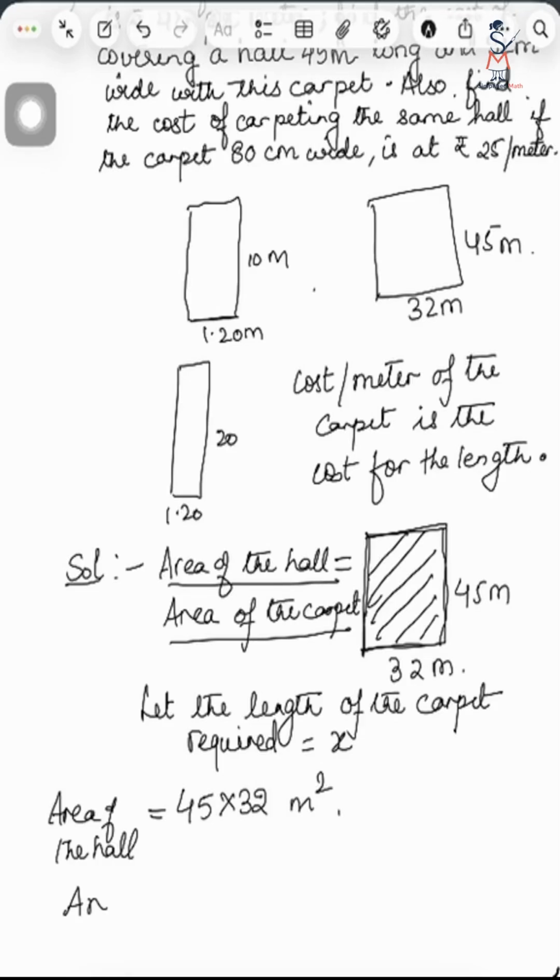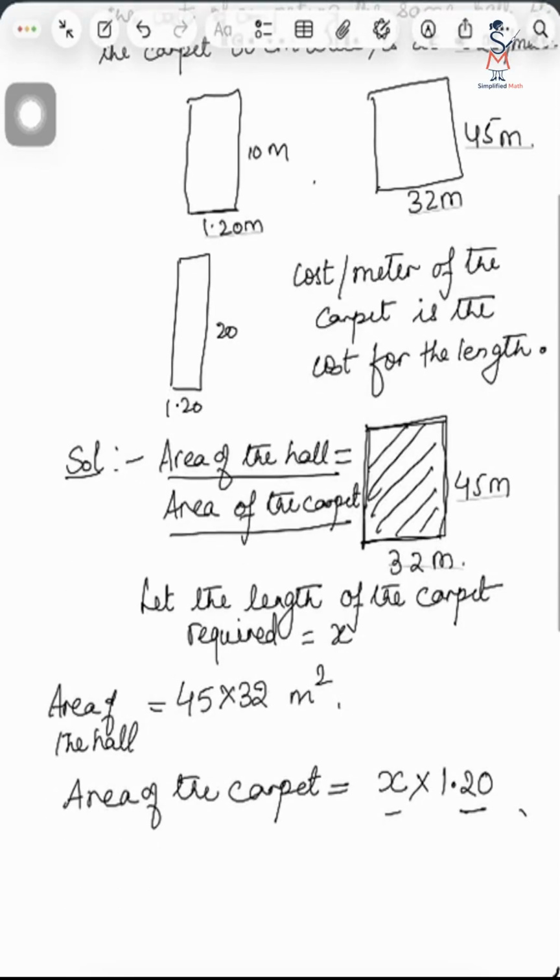Now what will be the area of the carpet? Length is X, which I am taking, and the width of the particular carpet is 1.20. So length into width is the area of the carpet. Now the area of the carpet has to be equal to the area of the hall. So 45 into 32 is equal to X into 1.20. Now we will solve for X.